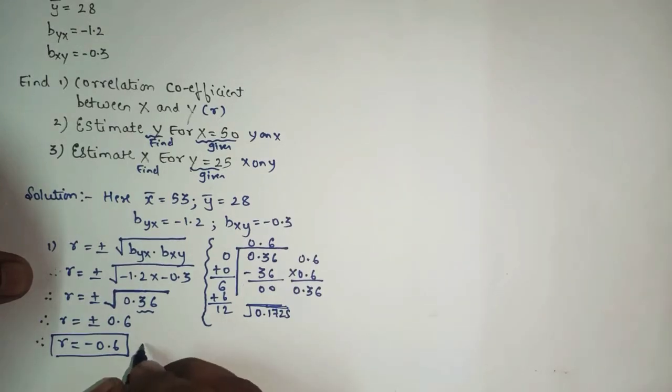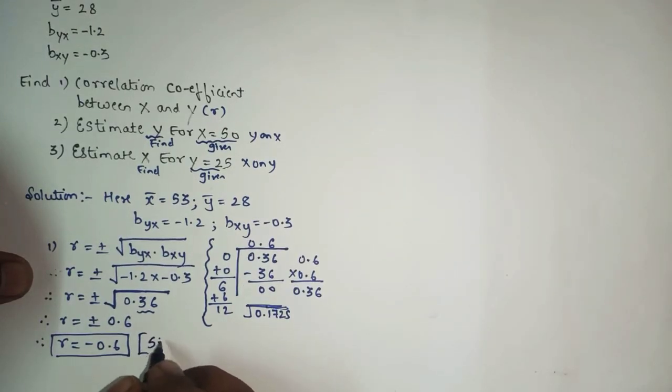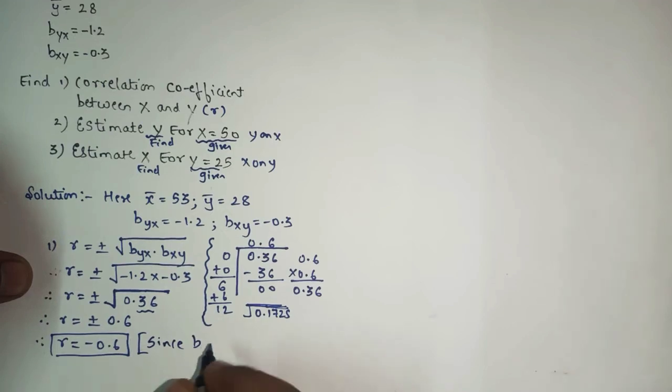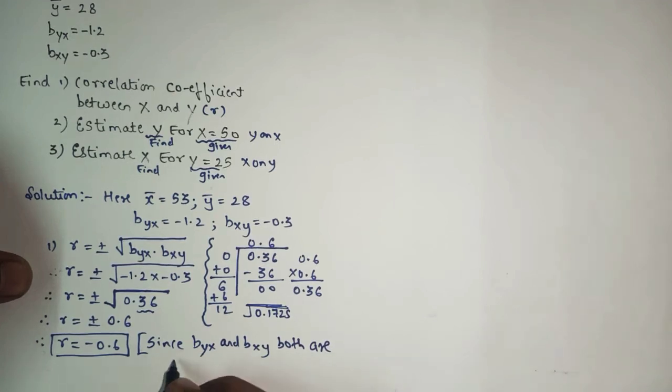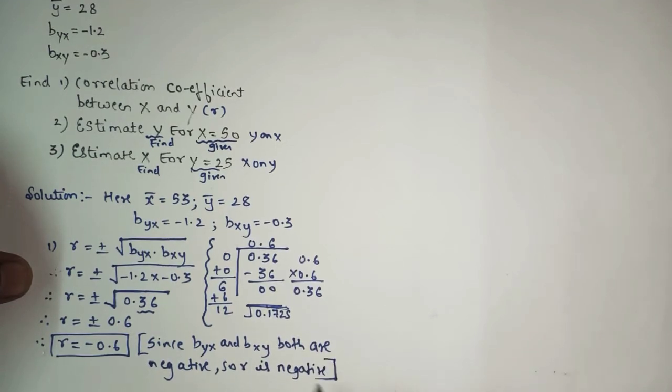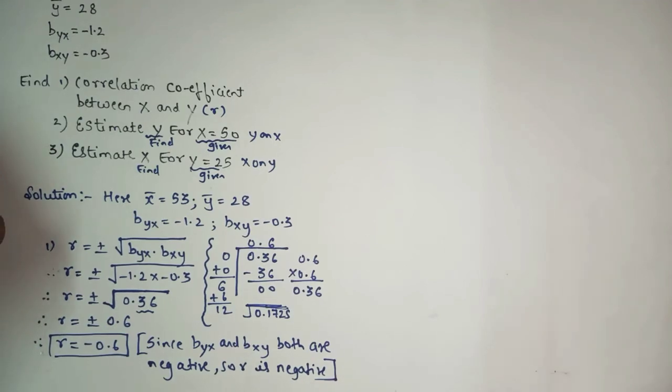So here you will write: since byx and bxy both are negative, r is negative. That's it. This you can write as a reason.